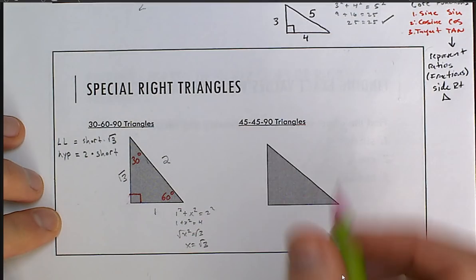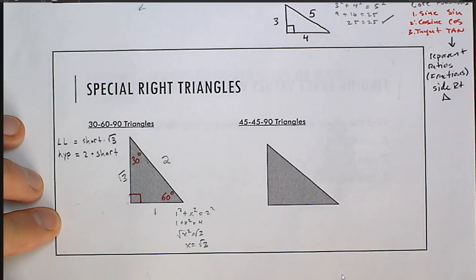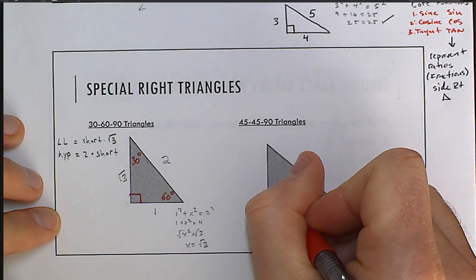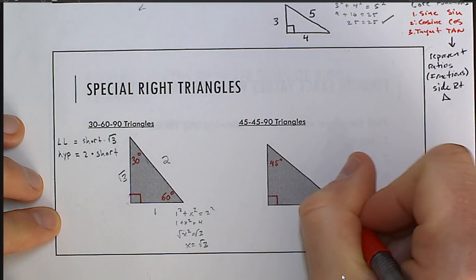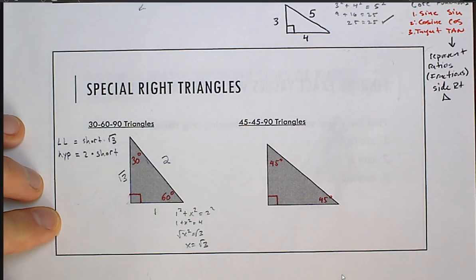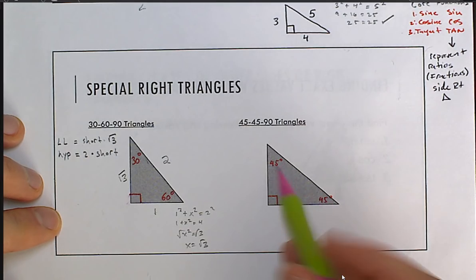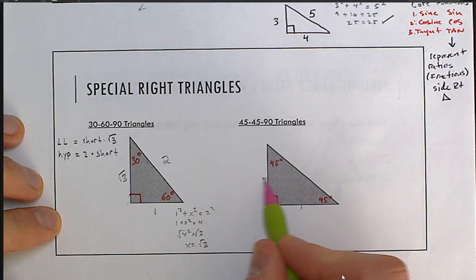All right. Over here on the 45, 45, 90, I'm going to kind of do the same thing. On a 45, 45, 90, this is actually an isosceles triangle, right? Because you have two angles that are congruent. So these legs, we call these legs, those have to be congruent.